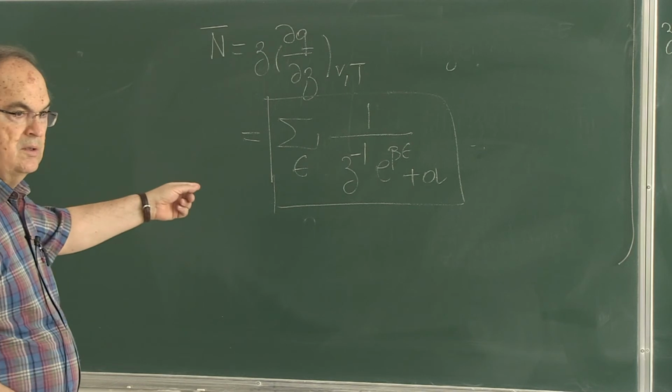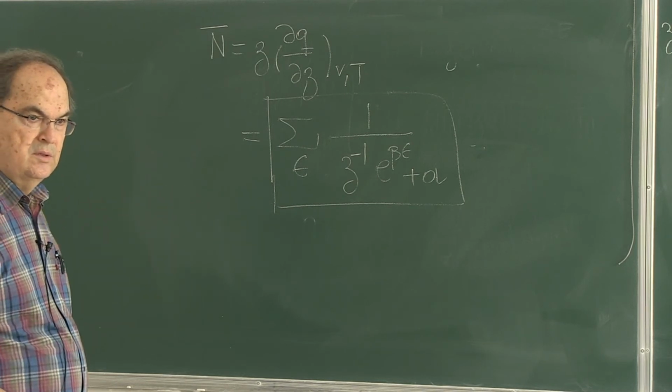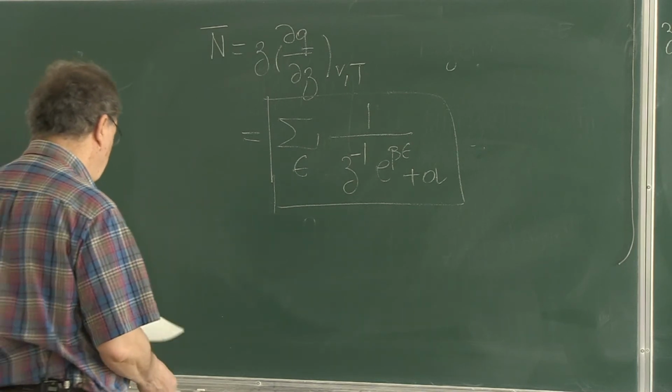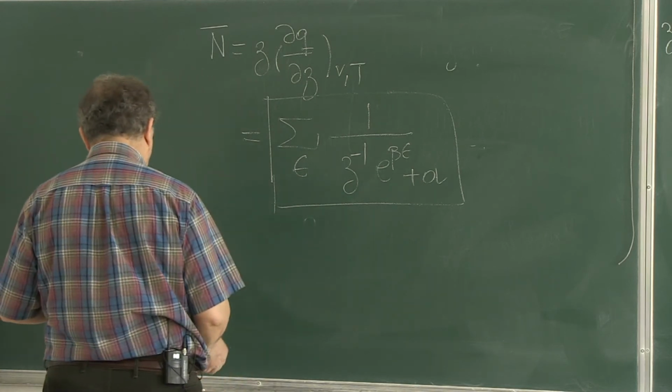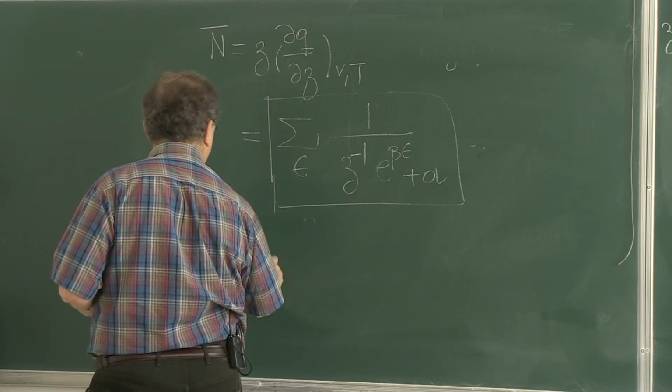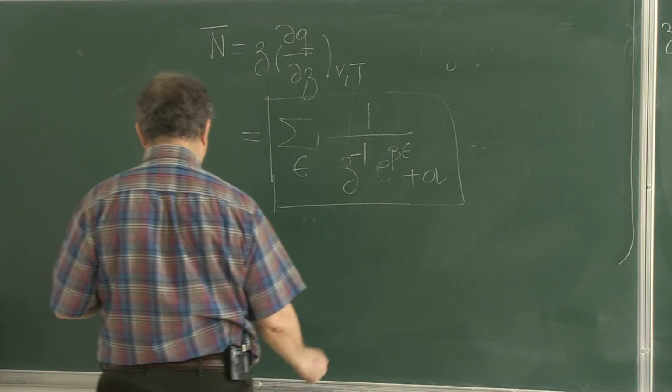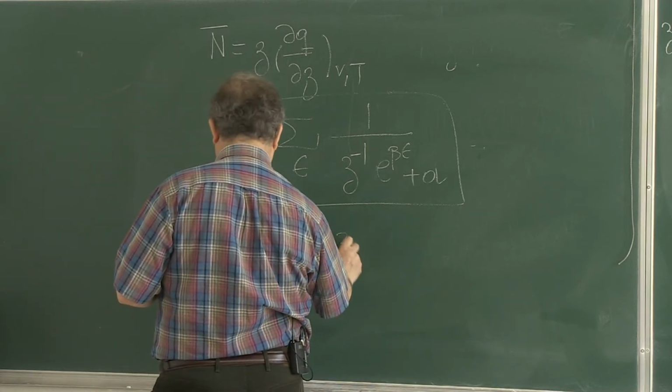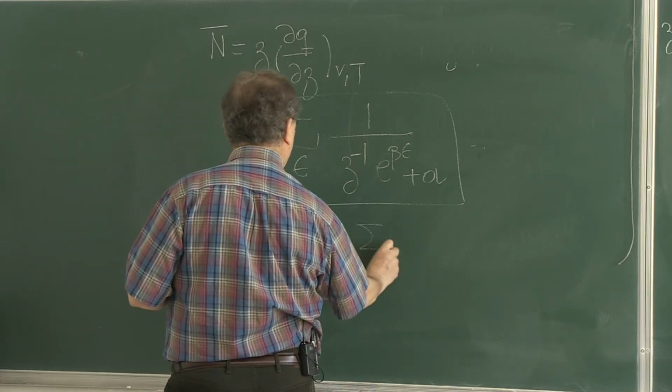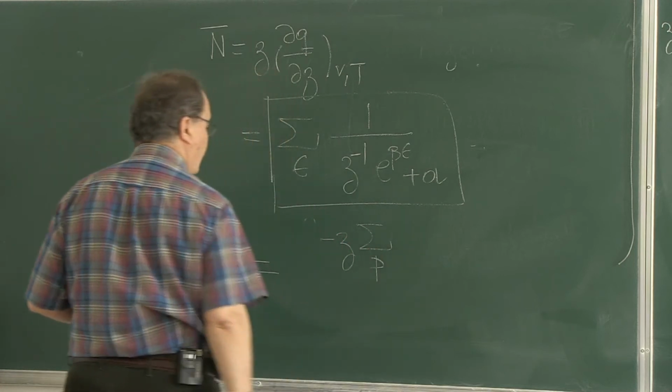That's what gives this. So this quantity is minus Z sum over all states.